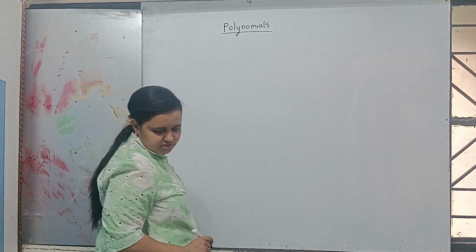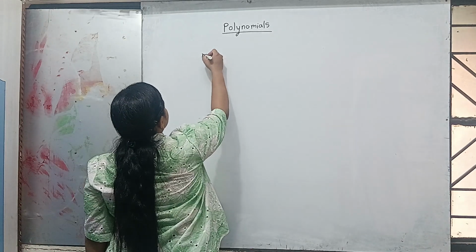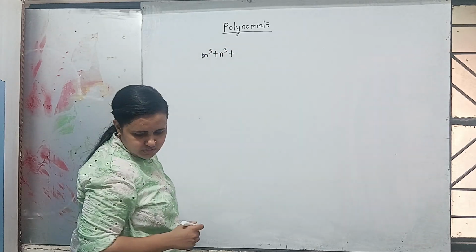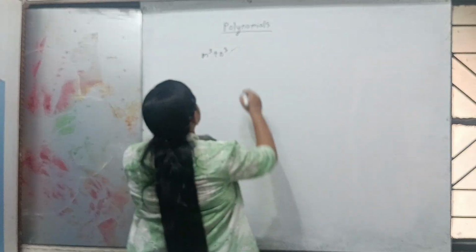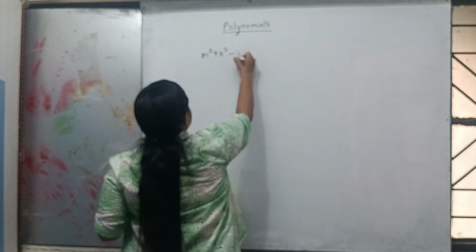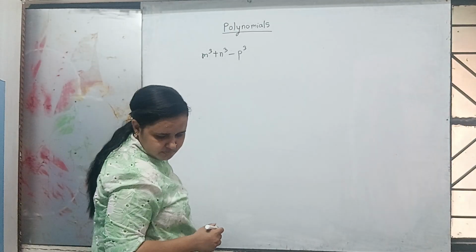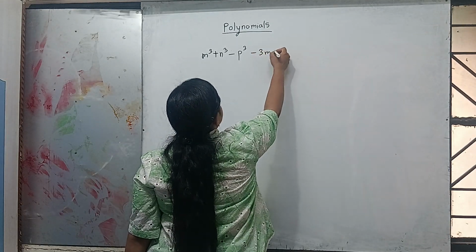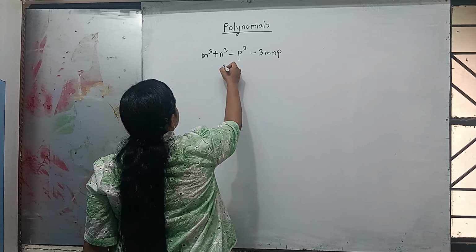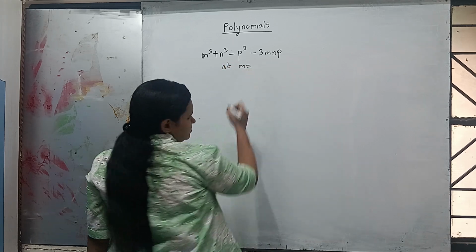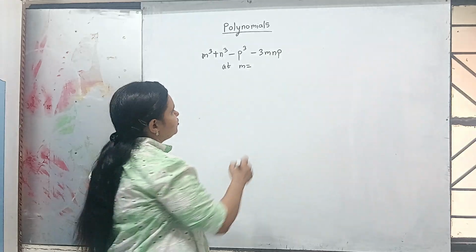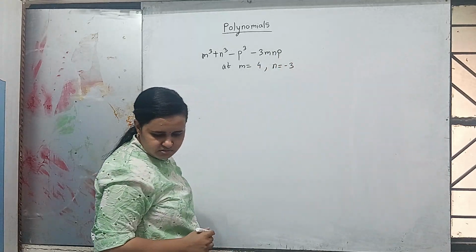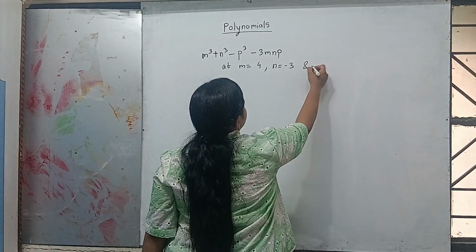Now 20th question, the value of m cube plus n cube minus p cube minus 3mnp at m equals to 4, n equals to minus 3 and p equals to 2.